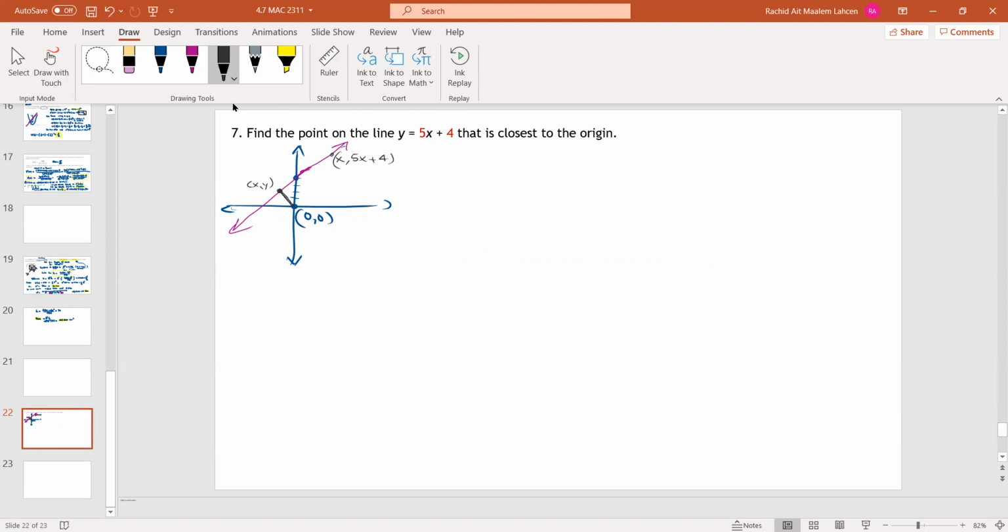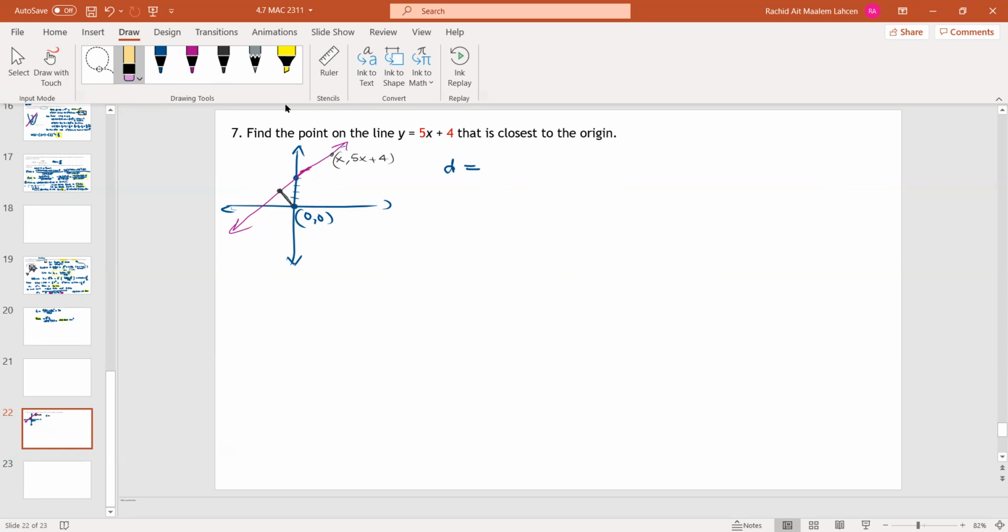So that's what we're looking for here. The distance between these 2 points, and we can also rename it. So any point in that line is x, and its y value is 5x plus 4, and the 0, 0.